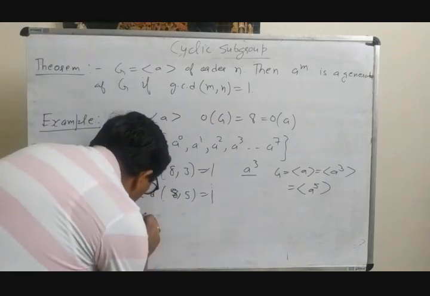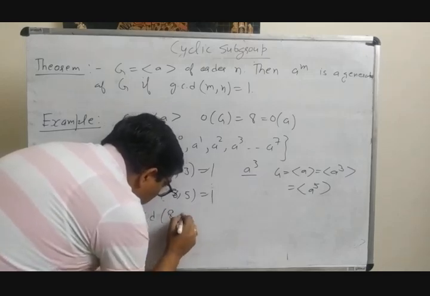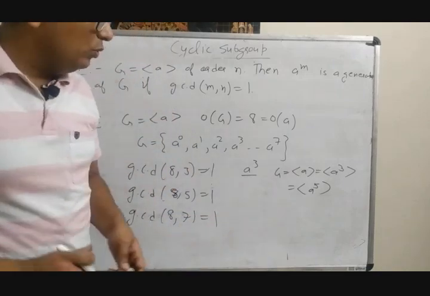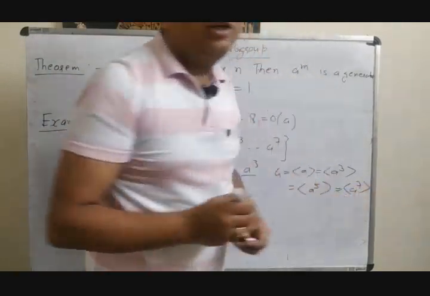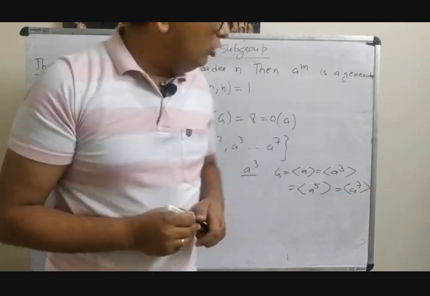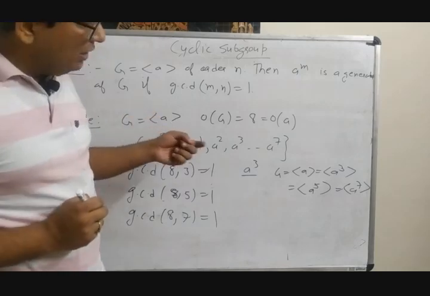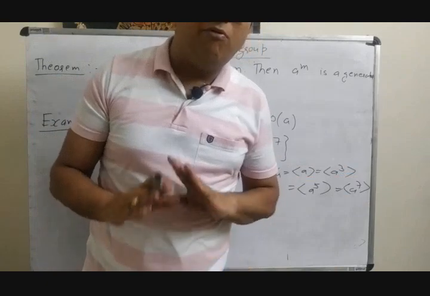But the greatest common divisor of 8 comma 7 is equal to 1. So it can also be generated by A raised to power 7. So the cyclic group which is generated by A can also be generated by A raised to power 3, A raised to power 5 and A raised to power 7.